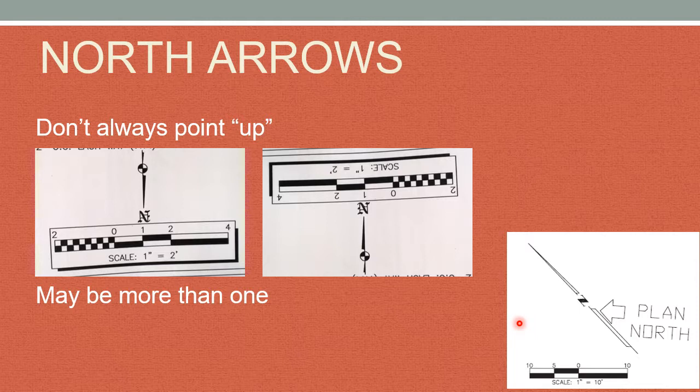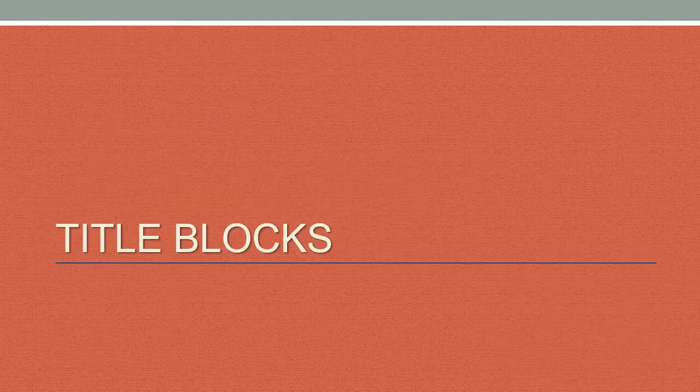And one of the reasons for doing that is so if I have a building that sits like this, I can refer to this as the north side of the building rather than the northwest side of the building. So again, always look for the north arrow and a plan side.